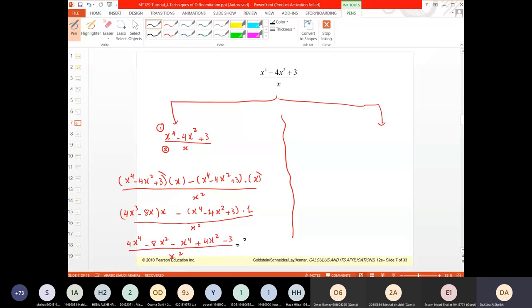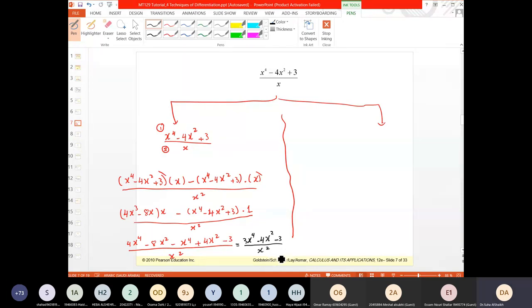This will be 3x^4. And I have minus 8x squared with the 4x squared. This will be minus 4x squared. And I remain with the minus 3 here. This is all divided by x squared.